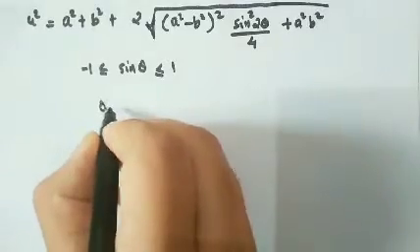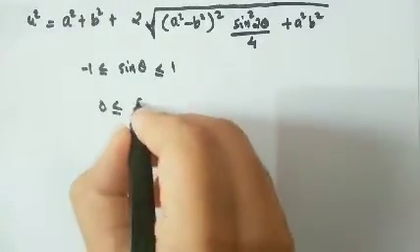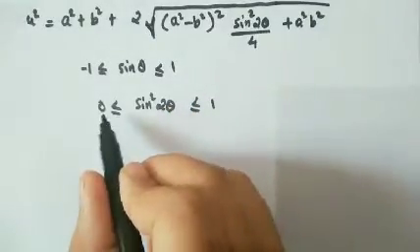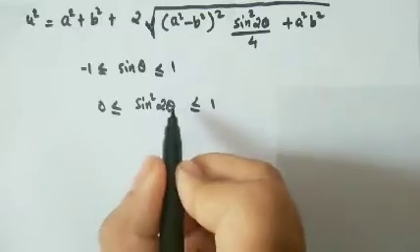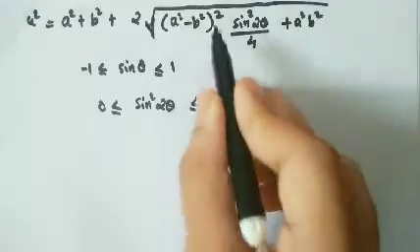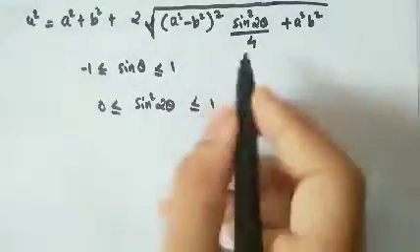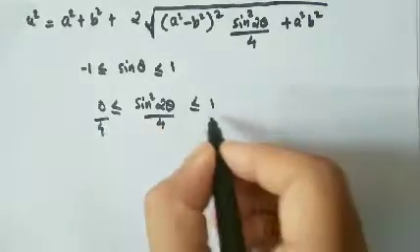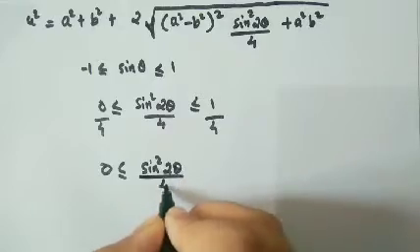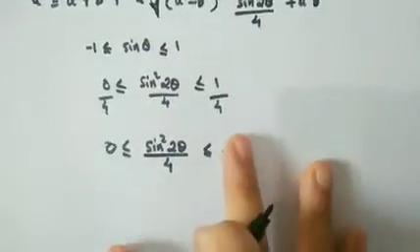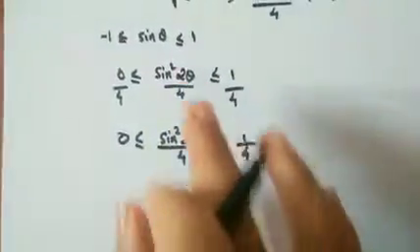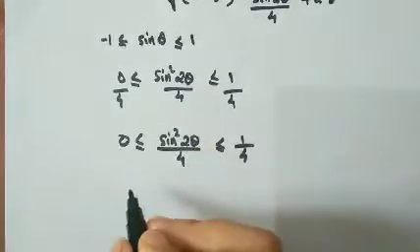So I know the range: 0 less than or equal to sin square 2 theta less than or equal to 1, because a sine square term can be from 0 to 1 only for any angle, 2 theta or theta or whatever. Now I have to find the range of this. For finding this range, I divide by 4, meaning 0 less than or equal to sin square 2 theta divided by 4 less than or equal to 1 by 4. If it is so, what I have to find is a square minus b square all square into sin square theta, so I will multiply every term by a square minus b square all square.